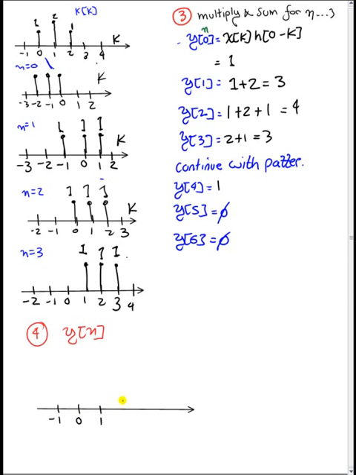They can flip and shift in their head, so they can figure it out very, very fast, and for them this is the way to go. If we draw this, you're going to end up with the following, which is exactly the same answer we got before.